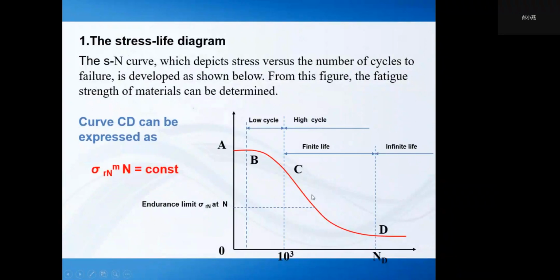We can use this curve to calculate the endurance limit. Sigma Rn at N is the endurance limit on the finite life in the range CD.